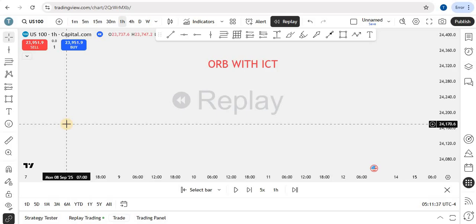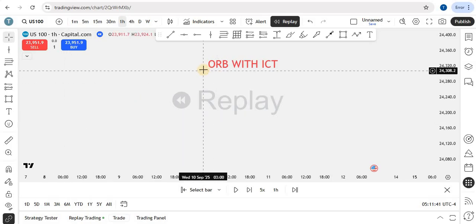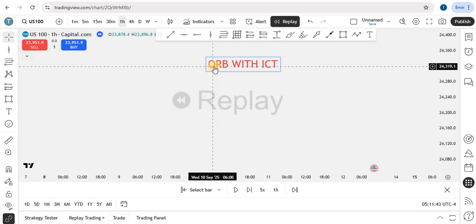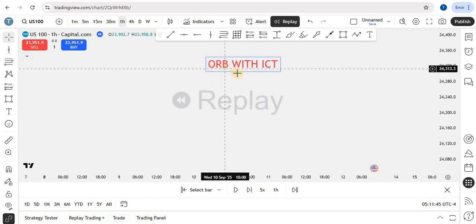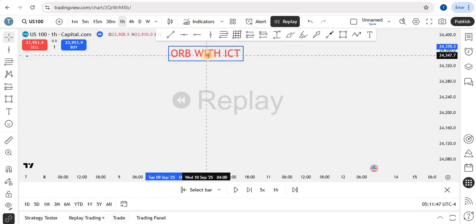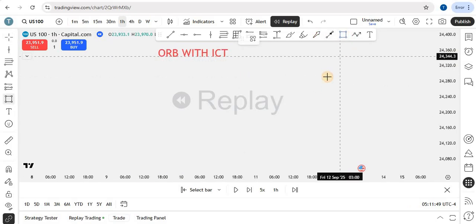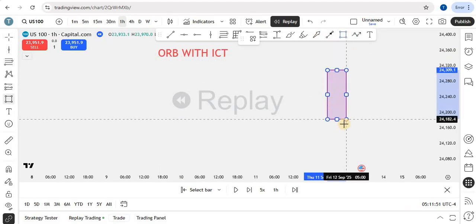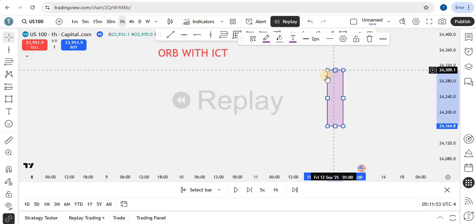So let's get started. Basically, this strategy called ORB means opening range breakout. So I combine these with ICT. So basically, what is the basic of this concept? The retail traders who trade on it, they will mark the 15-minute or 30-minute candle. Okay, so we will go for 15-minute.